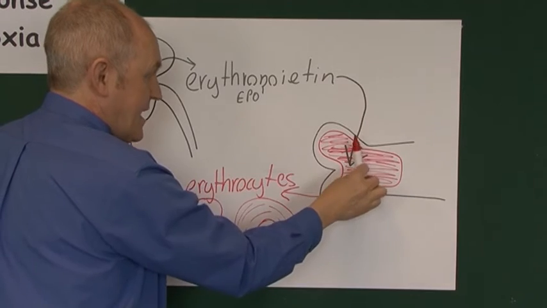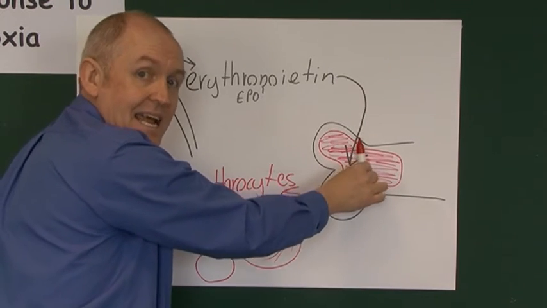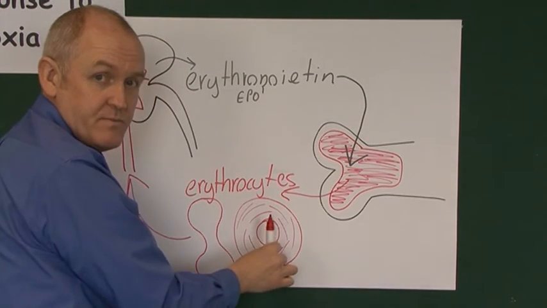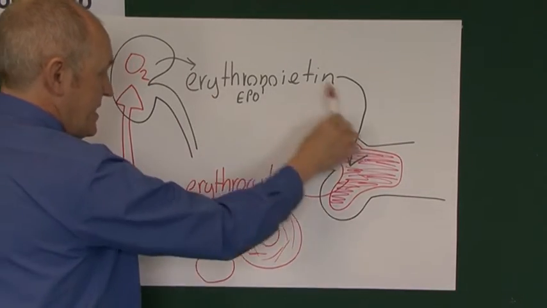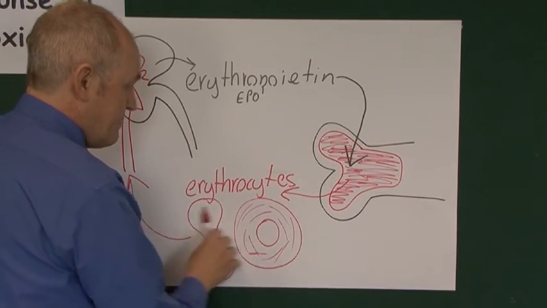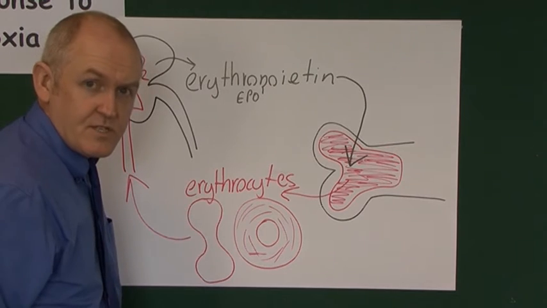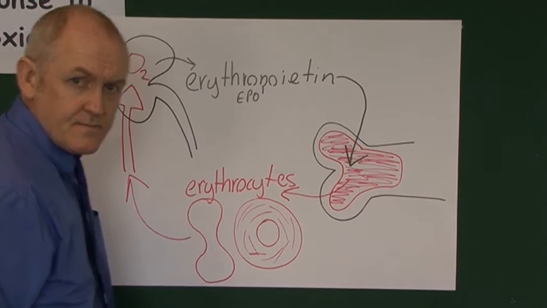That means there'll be less stimulation of the red bone marrow and less new red blood cells will be produced. So this is kind of a homeostatic mechanism, really, for regulating the numbers of red blood cells in the circulation.